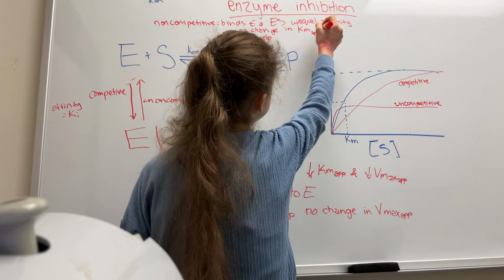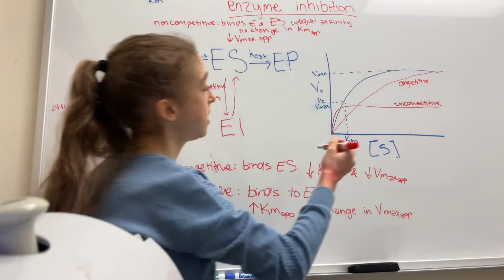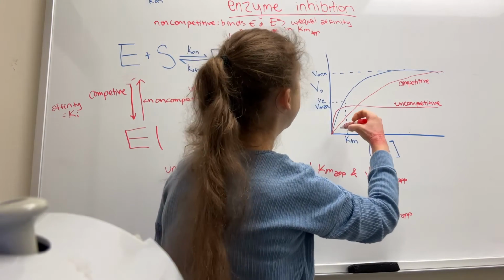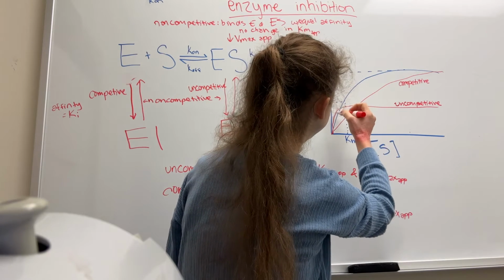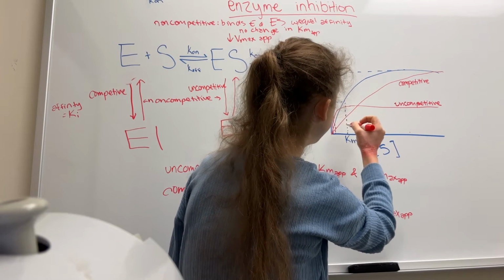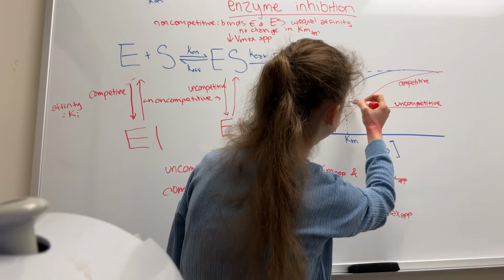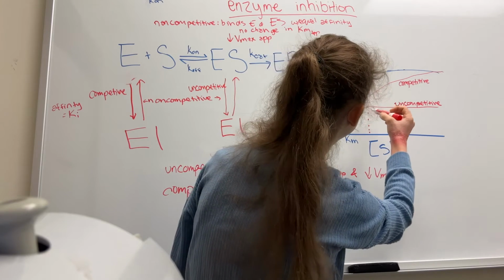That's apparent. So in the case of our non-competitive, we're going to have no change in our Km, but we're going to have a change in our kcat. I should have done this before. Let's make this more explicit, and let me try to draw this.